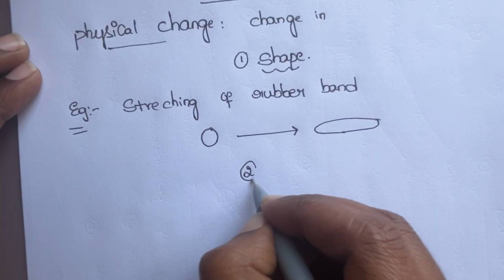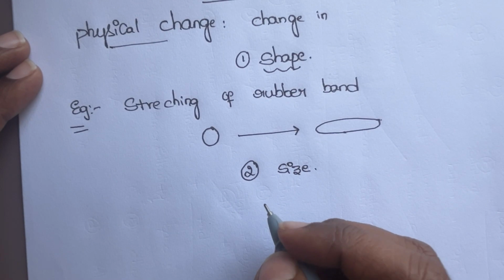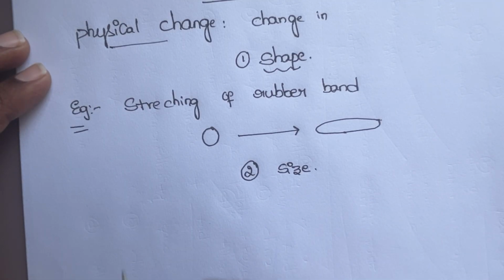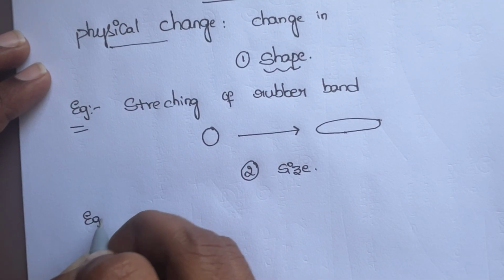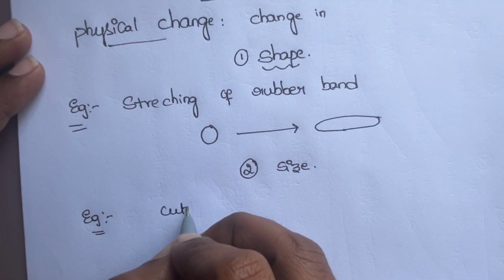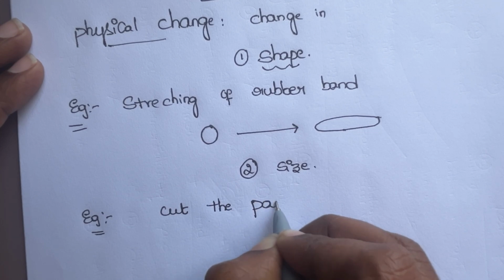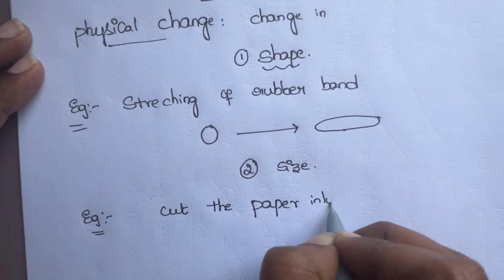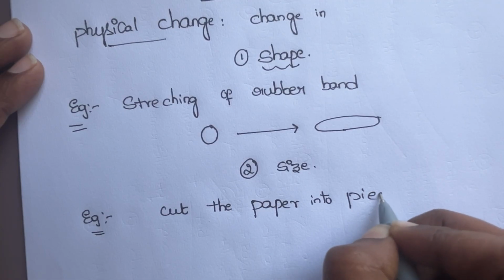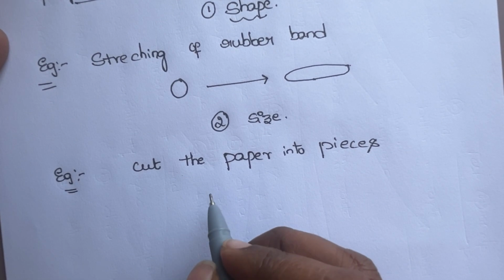Second one, if there is a change in size. What is meant by change in size? For example, if we take a paper and cut the paper into pieces, whenever we cut the paper into pieces, what happened?